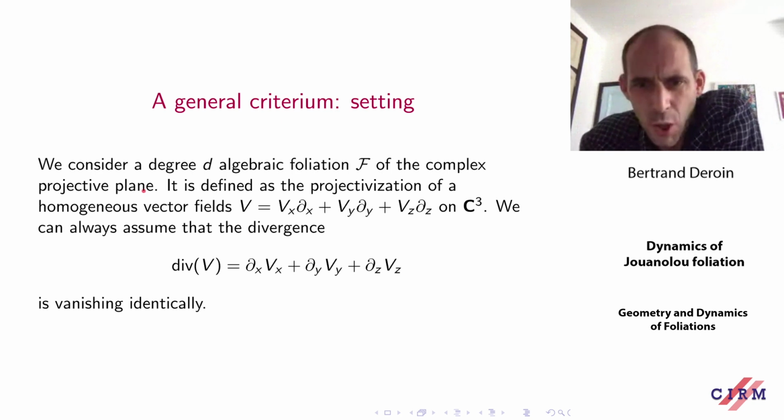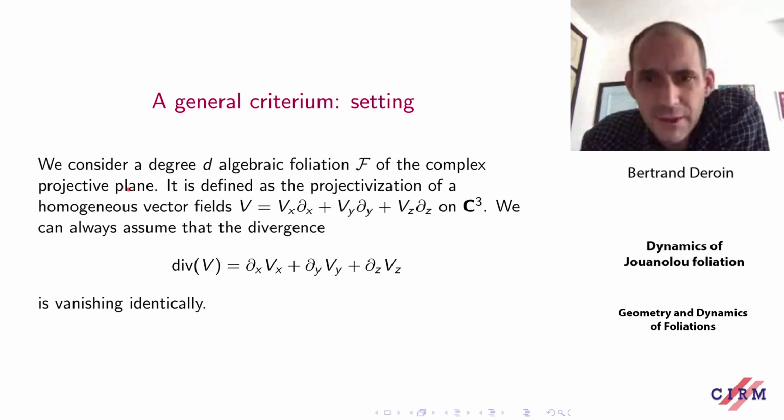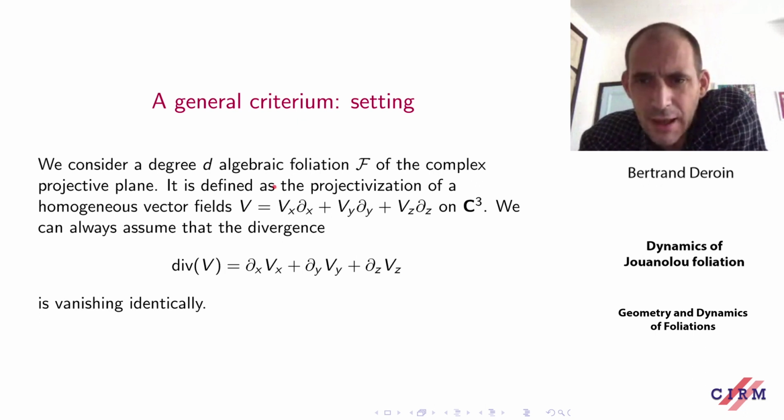So we consider a degree d algebraic foliation of the complex projective plane. What is well known is that such a foliation can be defined, as in the case of the Jouanolou foliation, as a projectivization of a homogeneous vector field V on C3 of degree d.